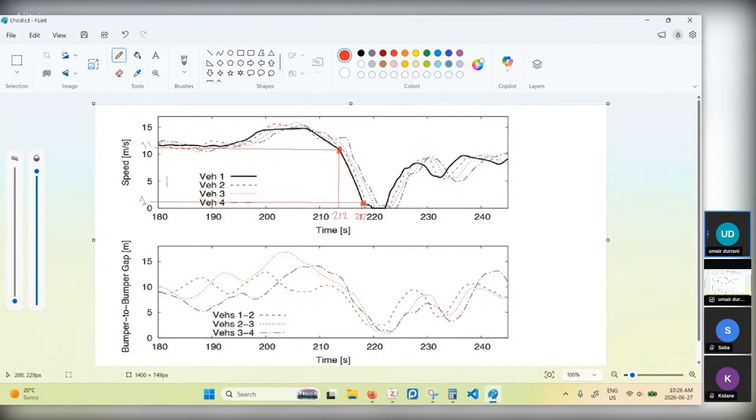So the difference between them is 10 meters per second, and this is 5 seconds. So once we have 10 divided by 5, we get 2. This seems to be the deceleration. And this slope, at least the part until here, does seem to be the same as that, maybe a bit higher slope than this one, but apparently they look similar.